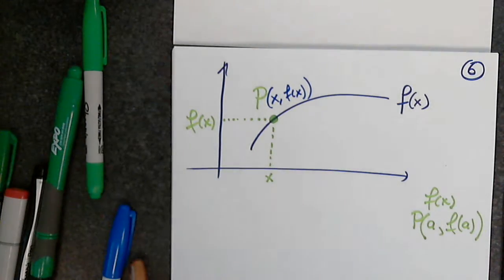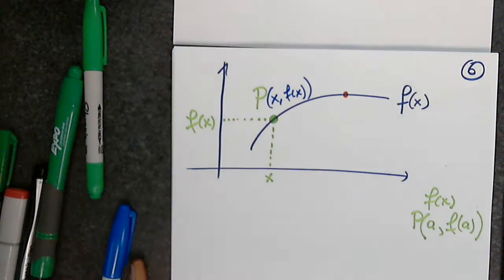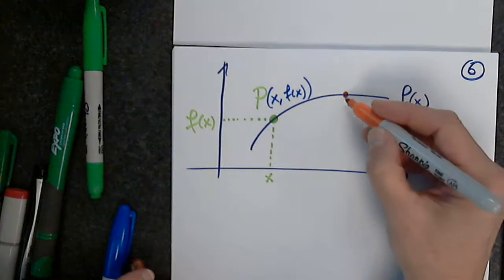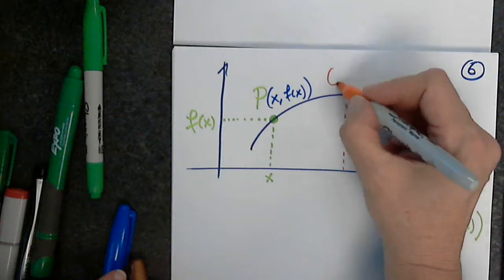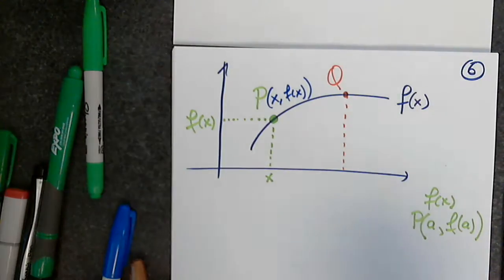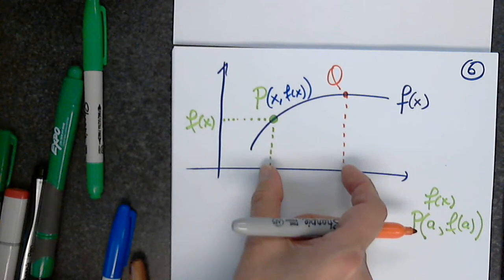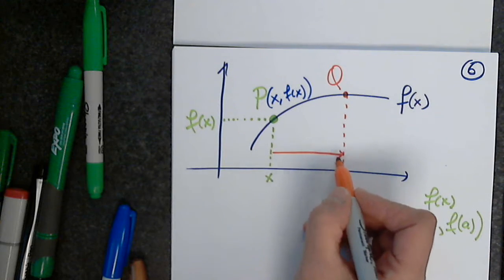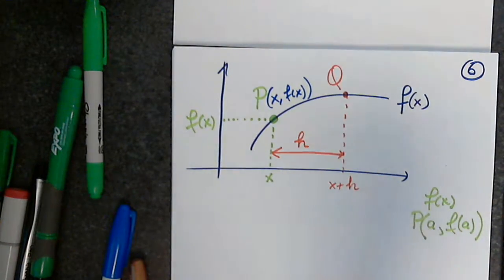Now I would like to create another point. I'm going to create a point here, to the right hand side of P. Doesn't really matter. And I'm going to say that this point is Q. Its x coordinate is x plus this distance. I'm going to denote this distance by lowercase h. So the x coordinate of Q will be x plus h.